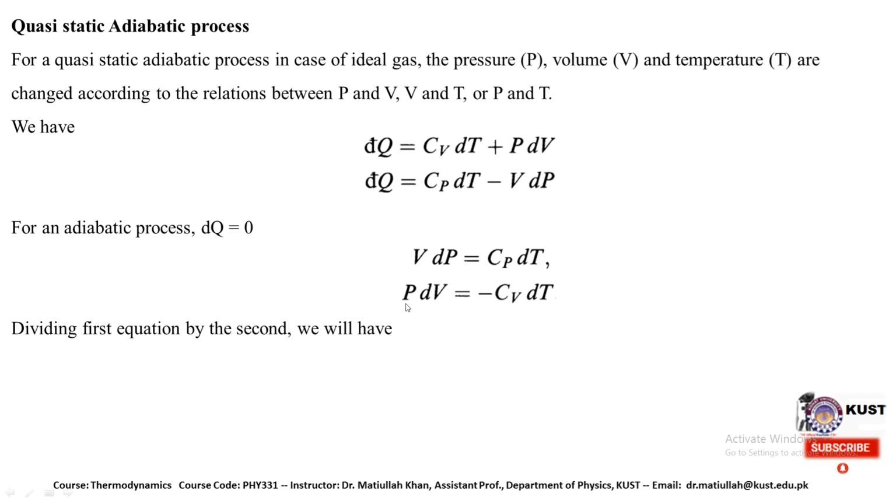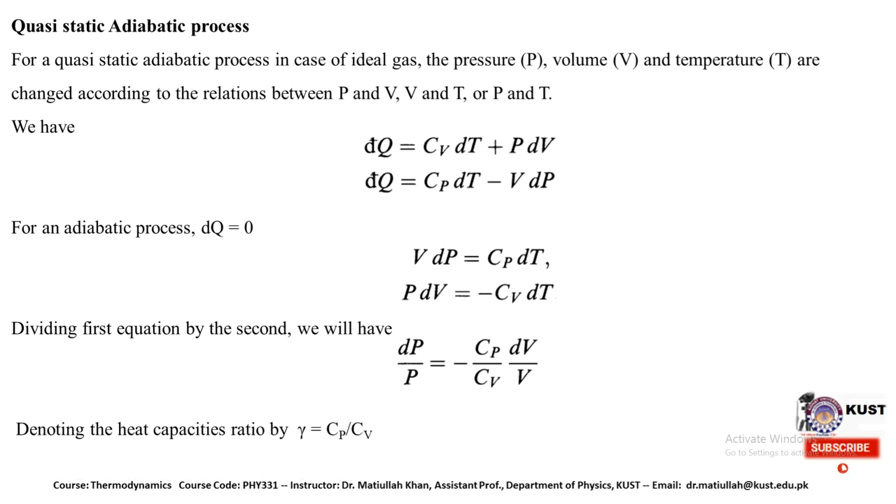So if we divide both sides by each other, it will be like dP divided by P is equal to minus Cp divided by Cv into dV divided by V.